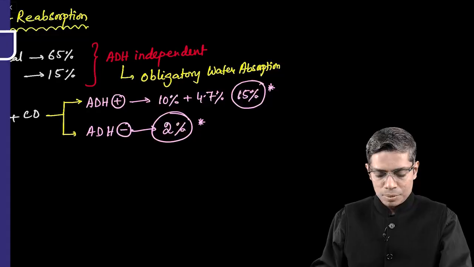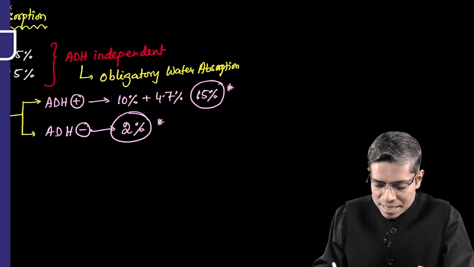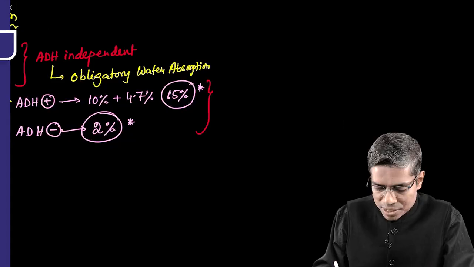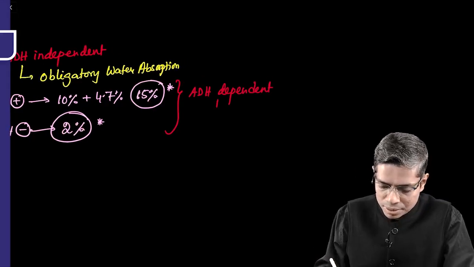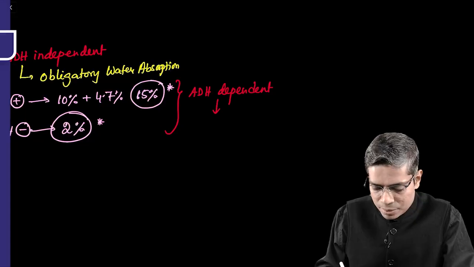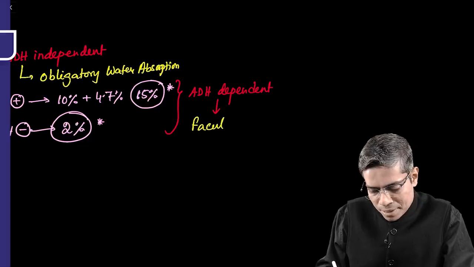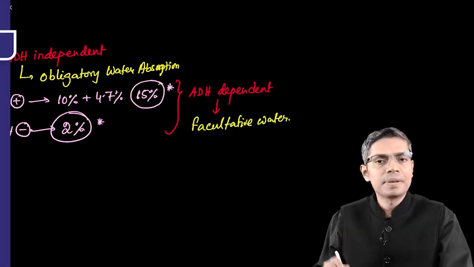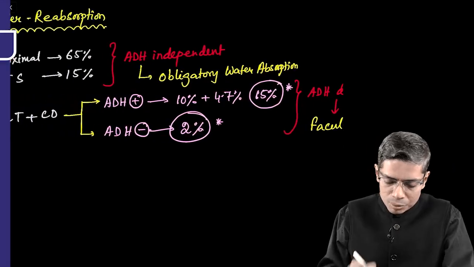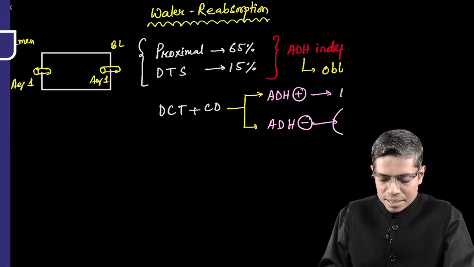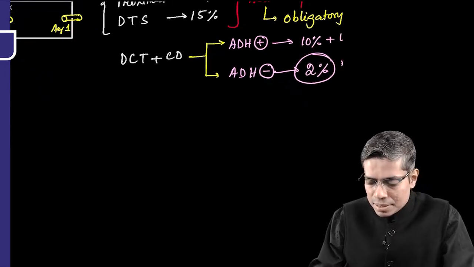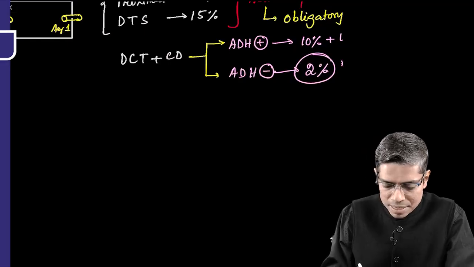This kind of water reabsorption which is dependent on ADH is known as facultative water reabsorption. Now if I ask you how ADH is increasing the water reabsorption in the collecting duct and DCT, we have already seen this mechanism.